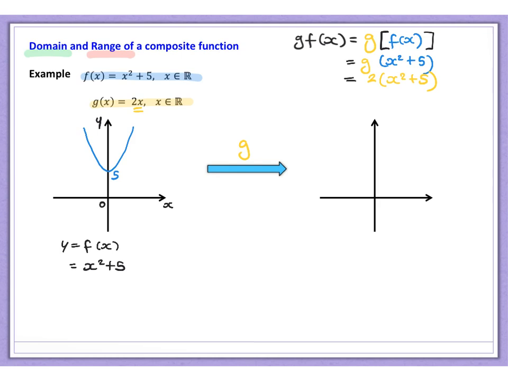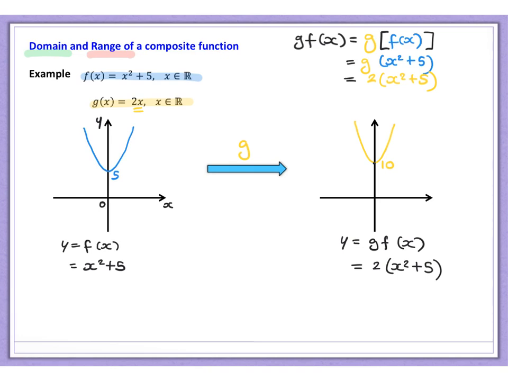So all the y coordinates will double, the x coordinates will remain the same, and we will end up with a parabola that looks like this, with a y-intercept of 10. So this is our graph of y equals g(f) of x, which is the graph of 2 bracket x squared plus 5, or 2x squared plus 10, and you can then clearly see its y-intercept of 10.